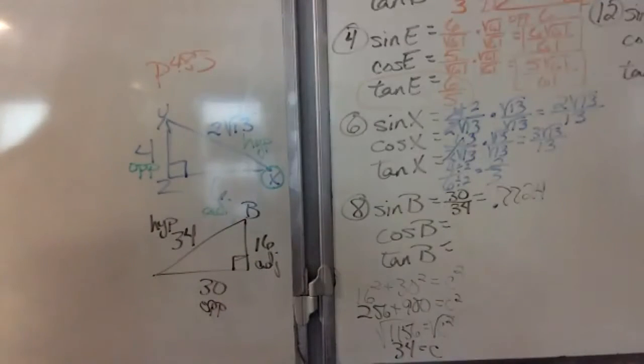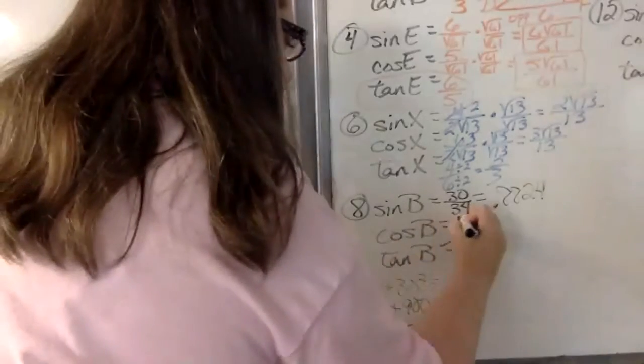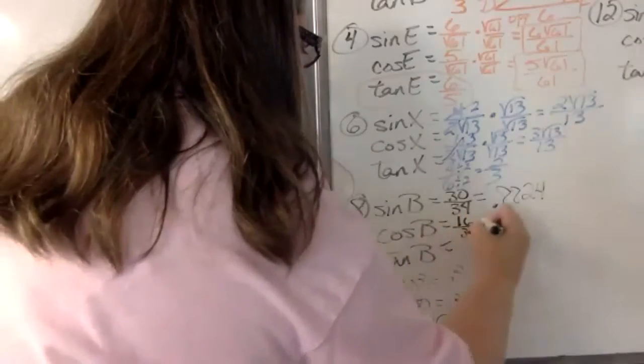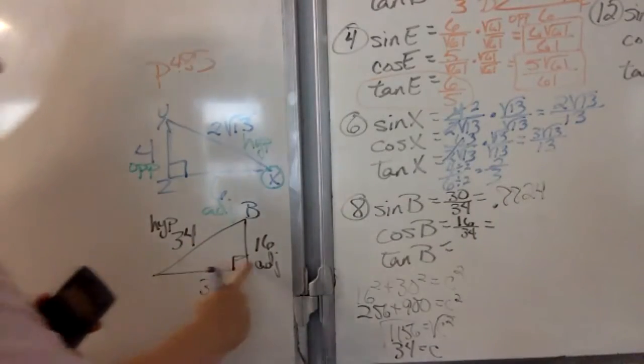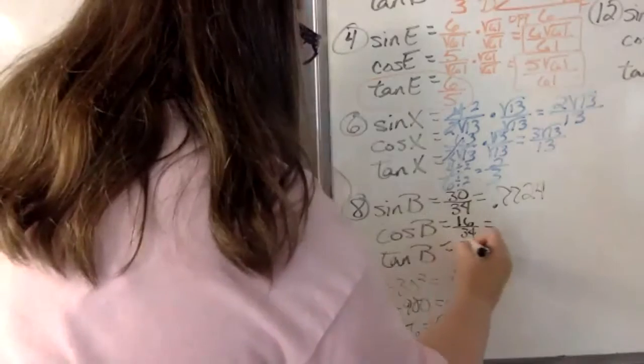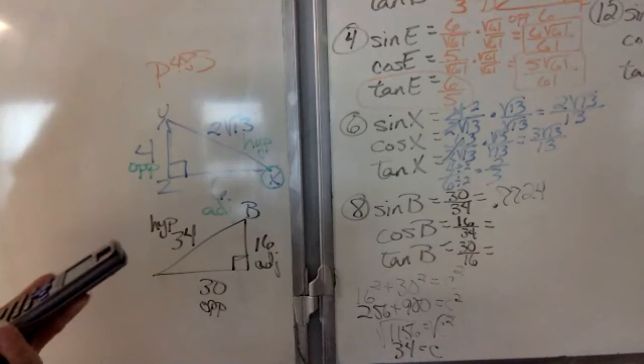Now, cosine of B is adjacent over hypotenuse. So it's 16 over 34. And you divide it. And then tangent of B is the opposite over the adjacent. So that's 30 over 16. And you divide it. So divide those and get your decimals.